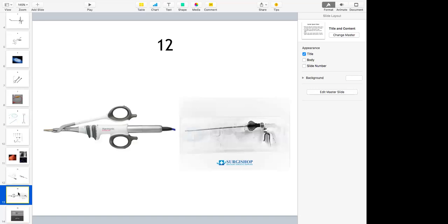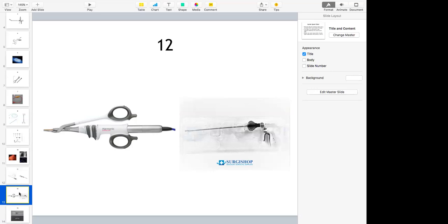So what is the frequency at which it works? 20,000 to 50,000 hertz. Now, this one is a Harmonic, a patented device. It has a specific range, 55,000 to 60,000 hertz, or 55 to 60 kilohertz.